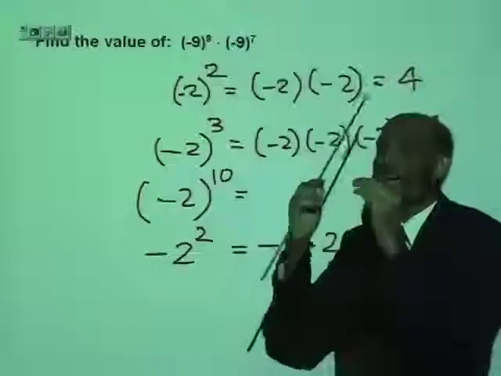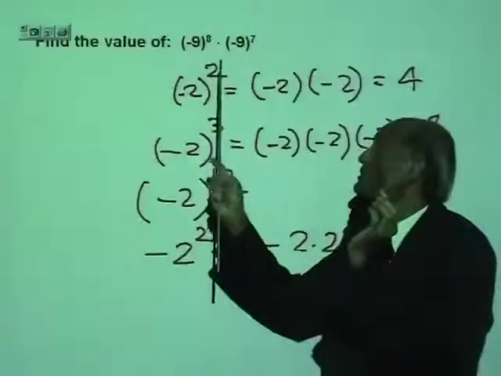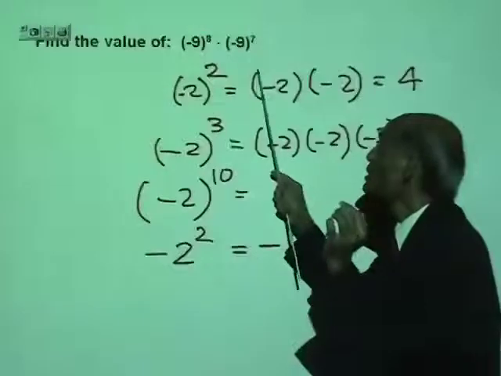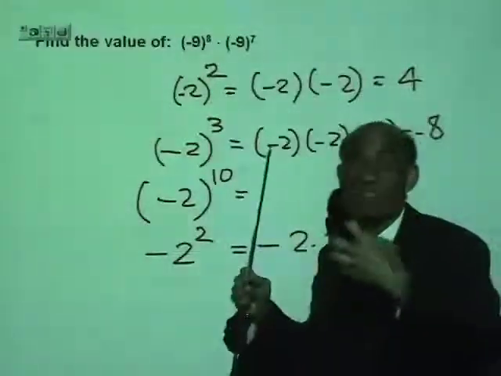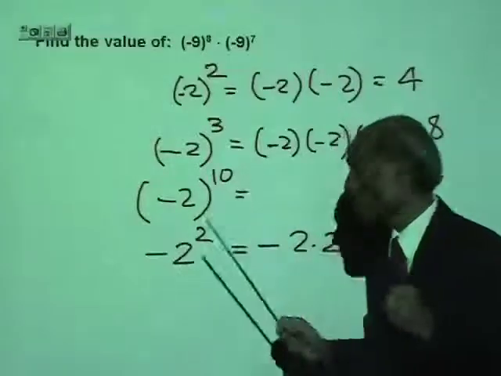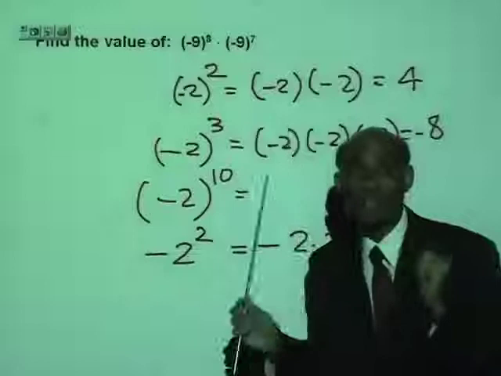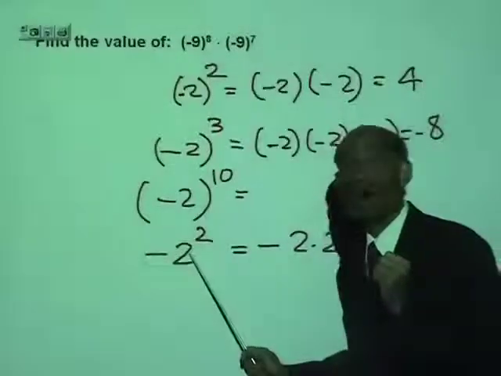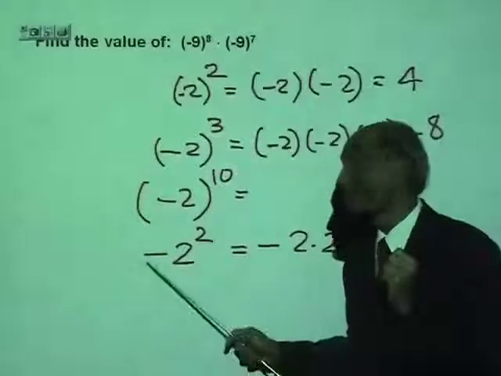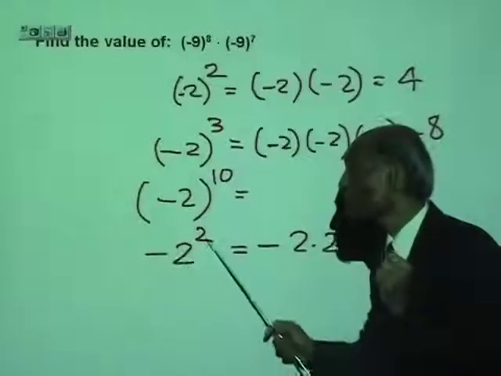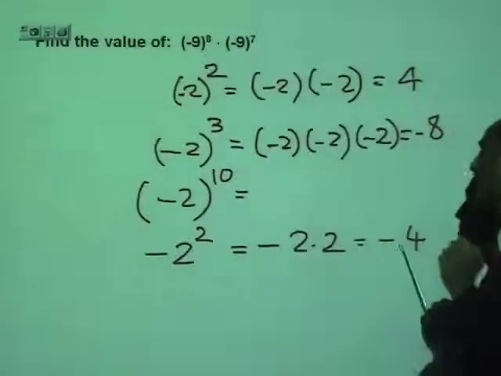Now, when the negative number is written inside a parenthesis and raised to a power, the negative number will get multiplied that many times. If the negative number is not in a parenthesis, then the power only belongs to the number, not to the negative sign. So negative 2 squared is negative 2 times 2, that is negative 4.